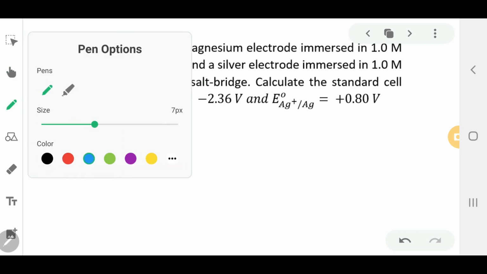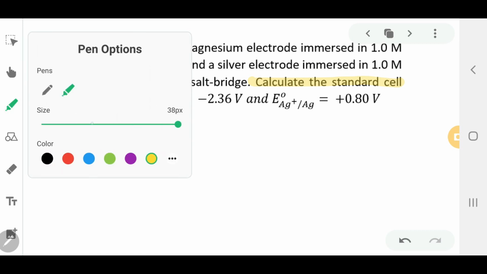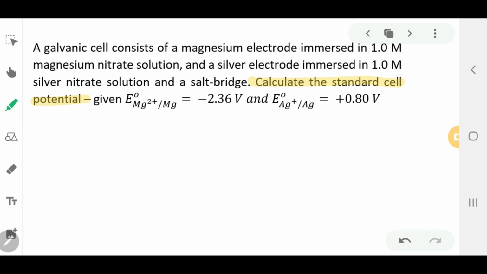For this particular question, you have to calculate the standard cell potential, so we need to find E naught cell. What is given in the question is the SRP value for the magnesium half cell and the SRP value for the silver half cell right there.